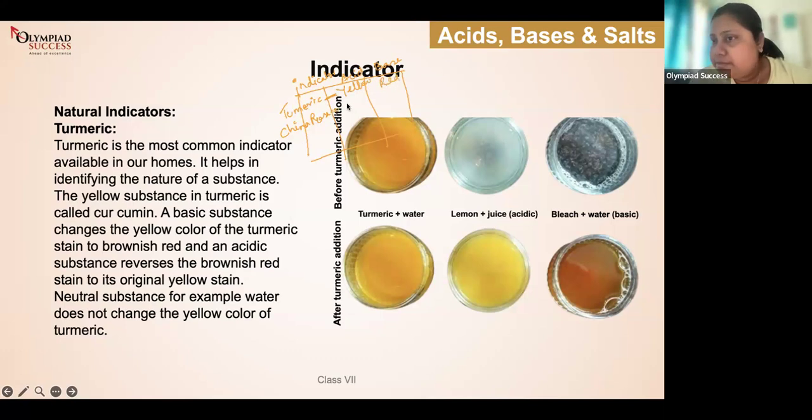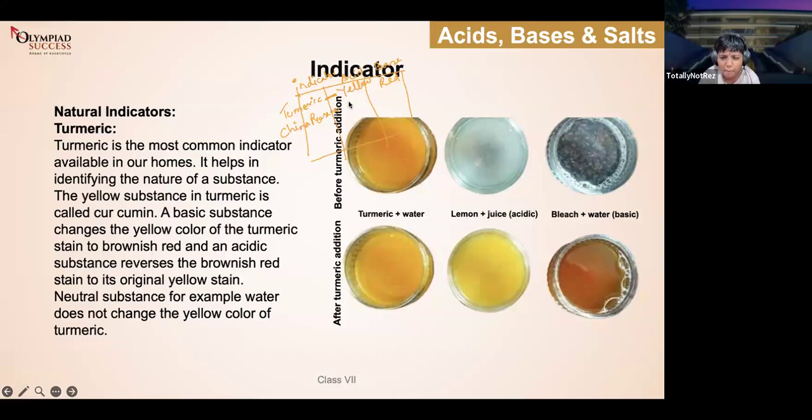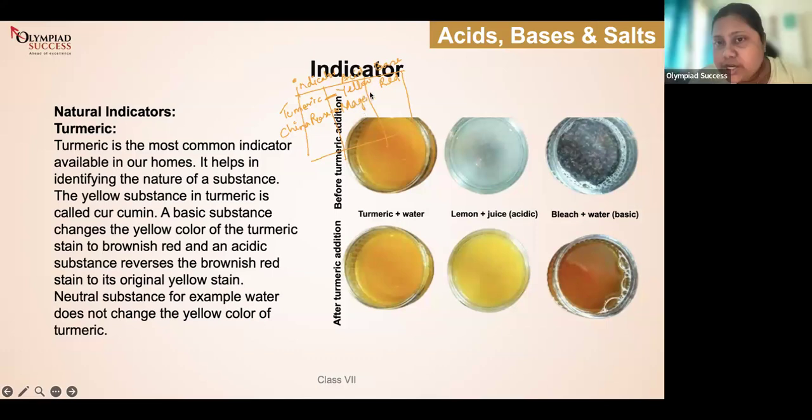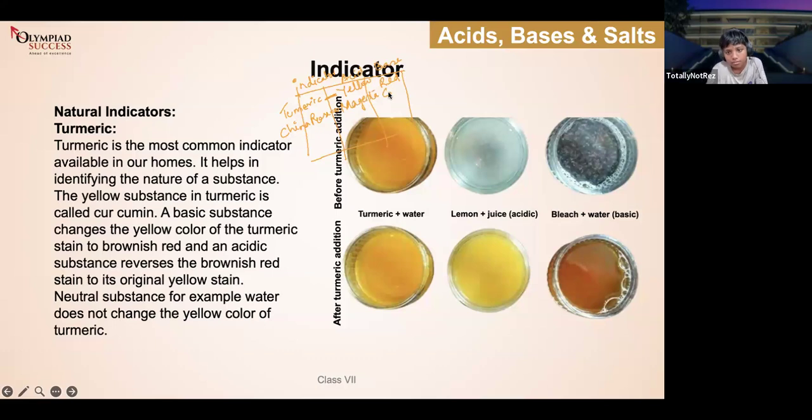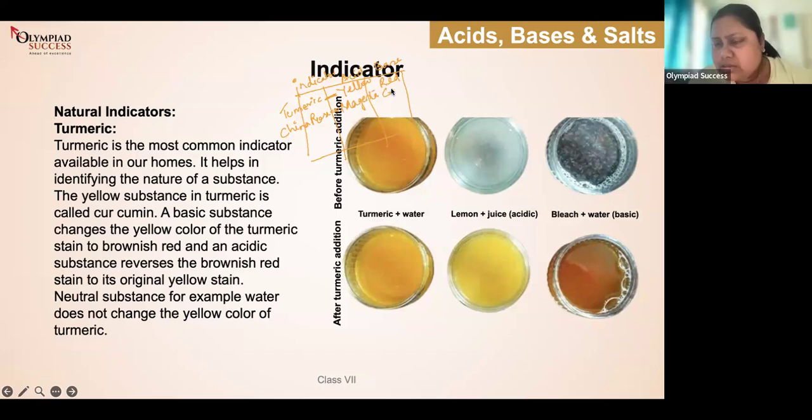With acid, it turns magenta, and with base, it turns green. Just make a table like this. Done.